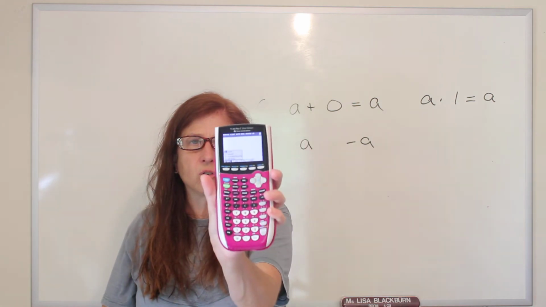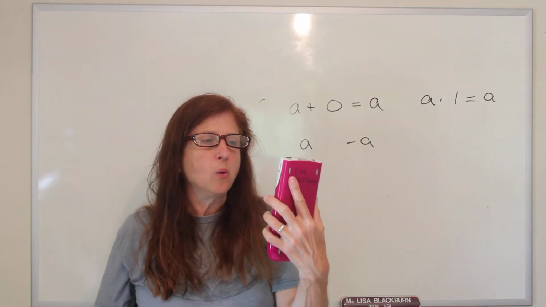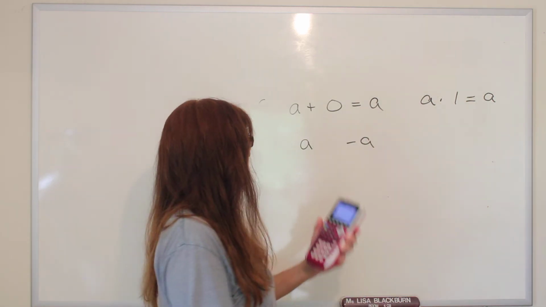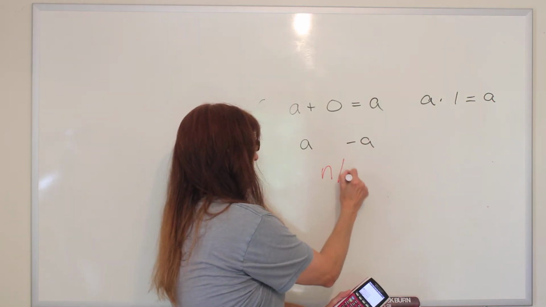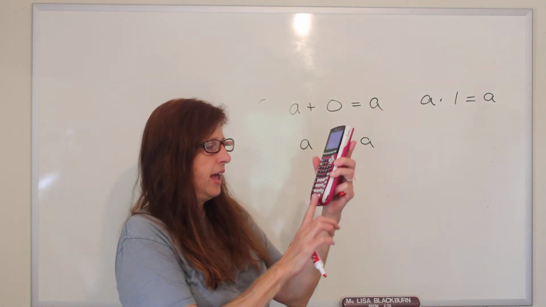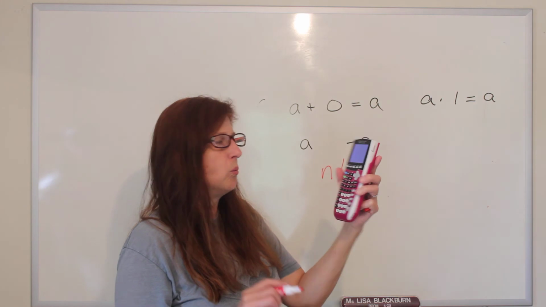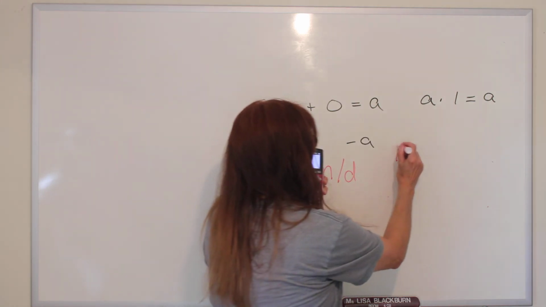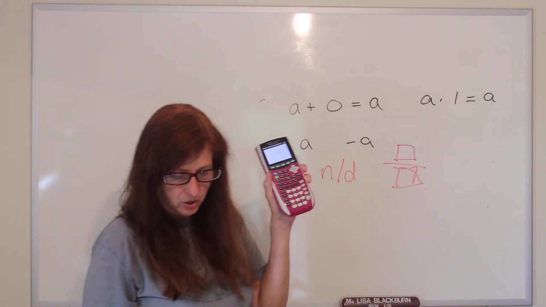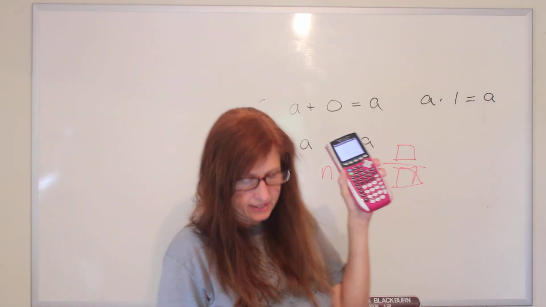And a little gray square will pop up with number 1 being N/D. That stands for numerator over denominator, and just hit enter or 1 and it will select it, and then you get this on your calculator. And that's where you can put in a number that is a fraction.